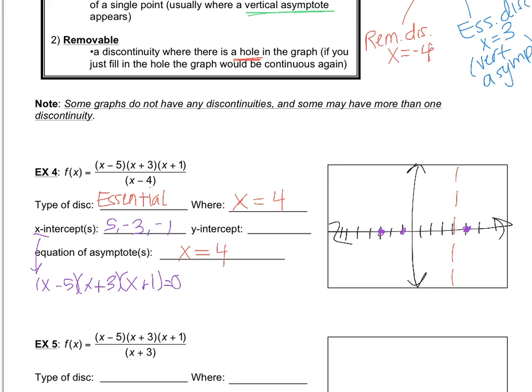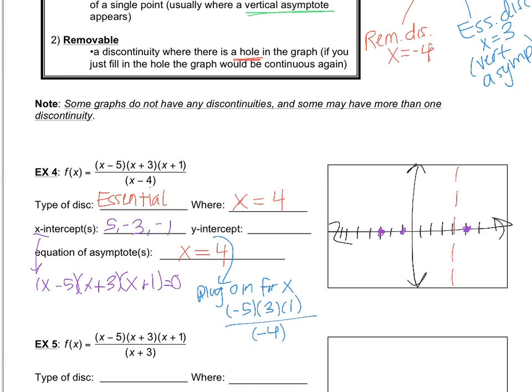So for y-intercepts, you plug 0 in for x, and we would get -5 times 3 times 1 divided by -4.